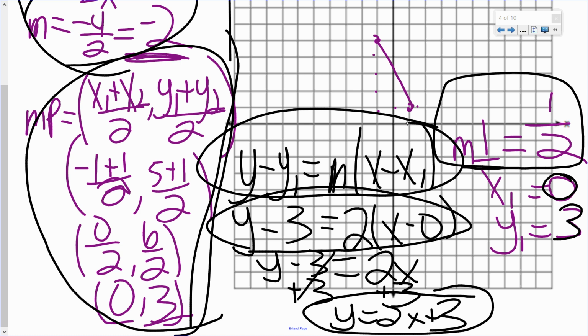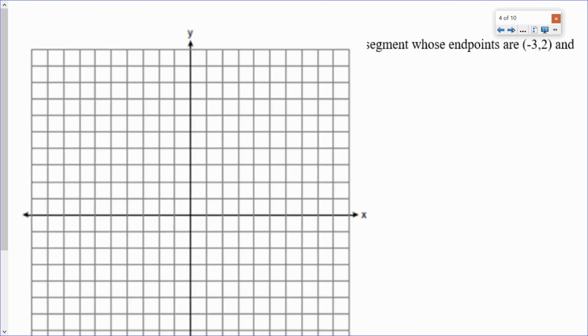Y minus y1 equals m, x minus x1. This lesson is literally a combination of 3 lessons: slope, midpoint, and equation of a line through a point. So if you're not comfortable with any of those, go back to those and practice that, and then come back to this. There's really not much more to do.